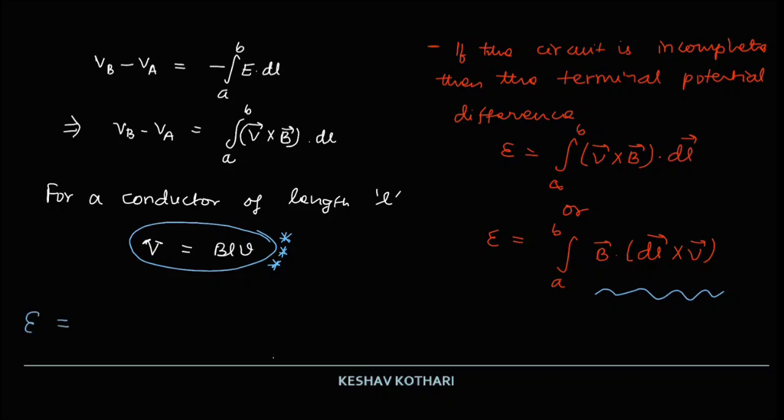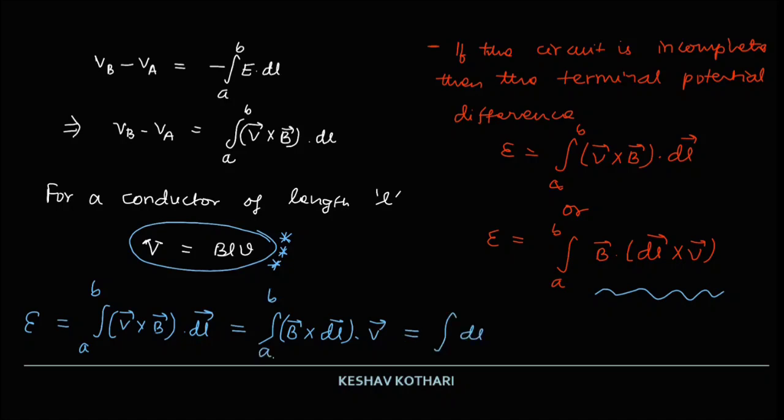That is, E can be written as the integral from A to B of V cross B dot dl, or we can write it as B cross dl dot V, or we can also write it as dl cross V dot B. So all these three equations are possible for the motional EMF of the conductor.